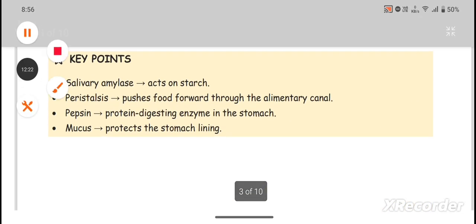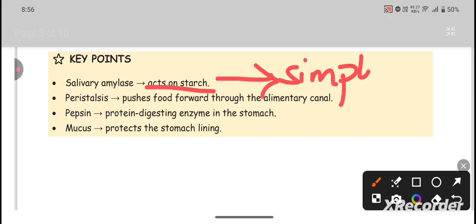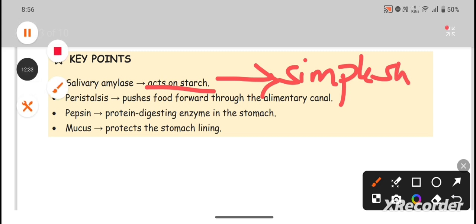Remember, salivary amylase acts on starch and converts it into simple sugars.